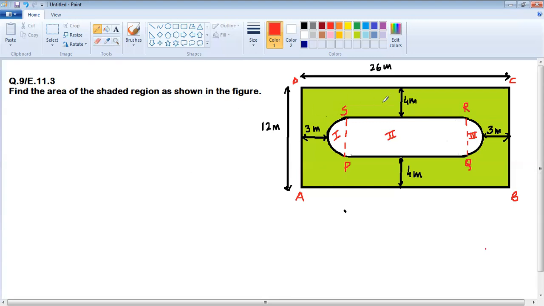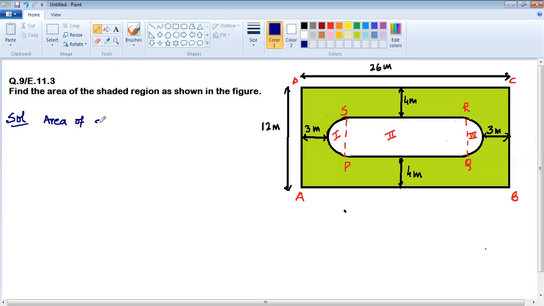I have to find the area of this shaded region, that is green in color. Let us see how we can find the area of the shaded region.